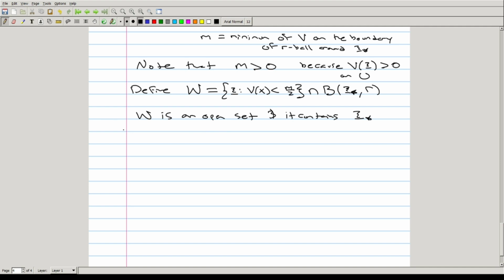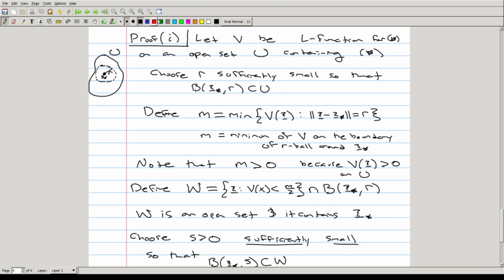So because of that, we can choose another ball, an S ball, to be sufficiently small so that the ball around xi star of radius S is entirely contained within this new set W. So W is some new set, and we can choose a ball of radius S around this point.